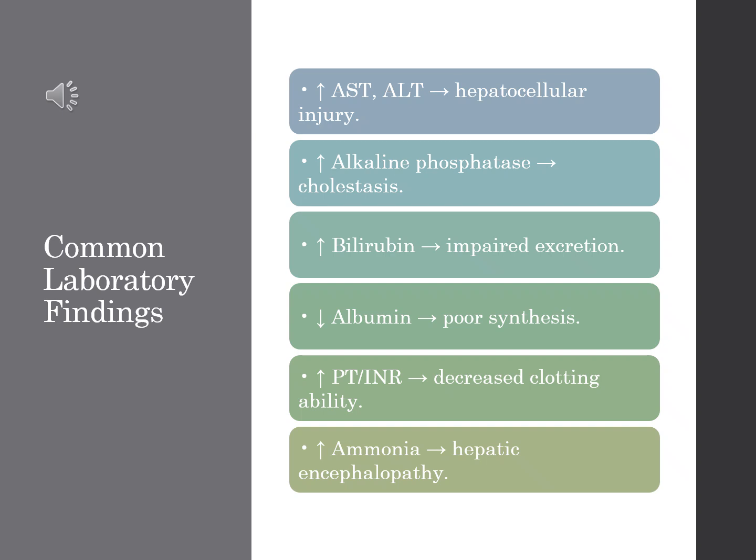Our normal level is about 10 to 40, and this is found in liver tissue. An increase of AST occurs with liver cell injury or necrosis from drug toxicity or hepatitis or things like that. We usually see a higher AST level in patients with alcoholic liver disease. So if they have a super high AST, chances are they'll be an alcoholic.